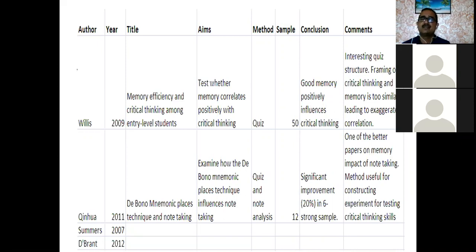As a researcher, you have to note it down. This is a summary sheet of your review of reference literature. So this is the author, this is the year, this is the title, these were the aims, these were the methods adopted, these were the conclusions made, and this is your observation.